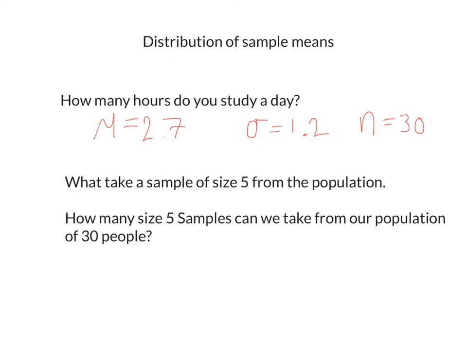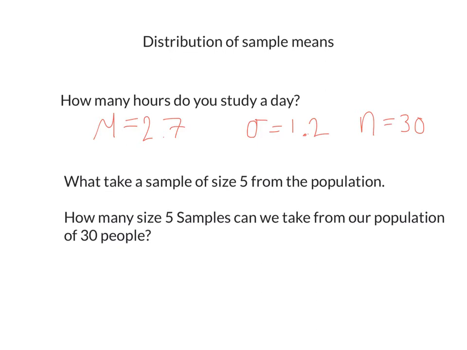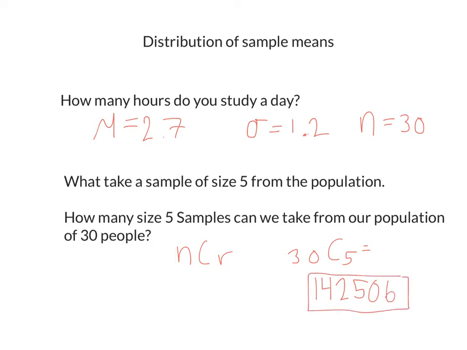So this is a combination, nCr, where our n is 30 and we're going to choose 5. And we want to find all the different combinations here. If we do that, there will be 142,506 different samples of 5 that we can take from a population of 30 people.